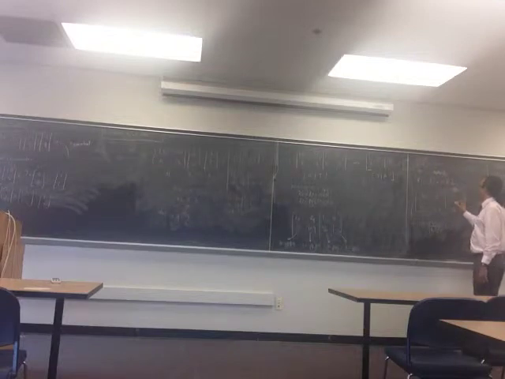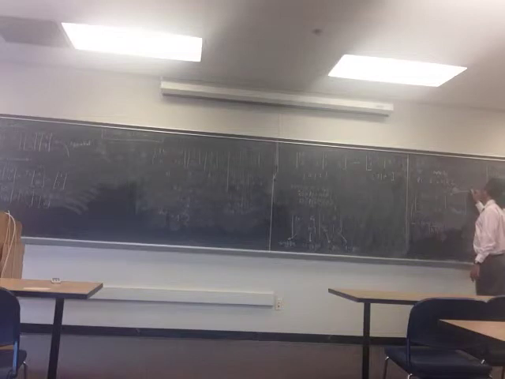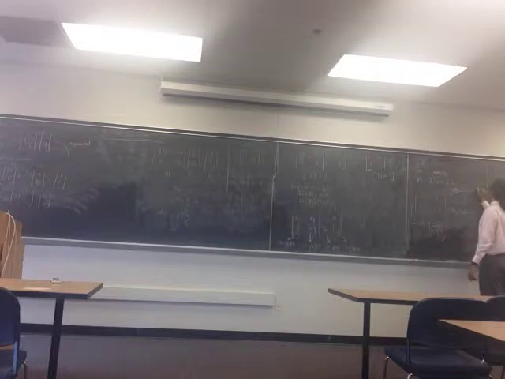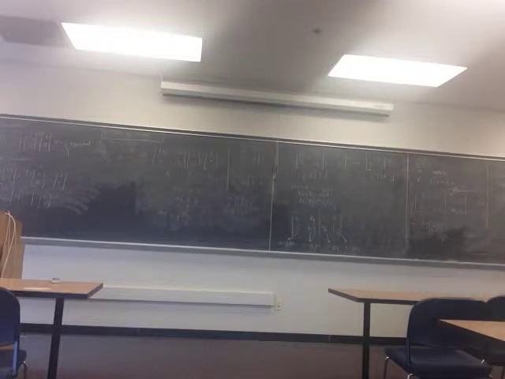Row 1 is 1 minus 4 over 10.4 times, no, times negative 4 over 10.